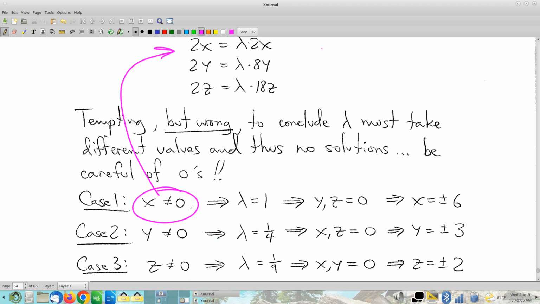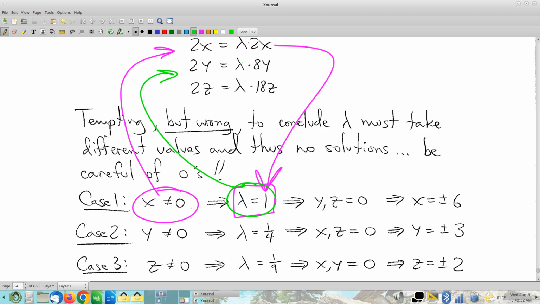If X is non-zero, then it does indeed follow that lambda has to equal 1. Totally. So we're assuming that X is non-zero. But then there's no contradiction. We're not assuming anything about Y or Z, so we can't draw any contradictory conclusions about lambda. But I can take this value of lambda here and plug it into these equations.